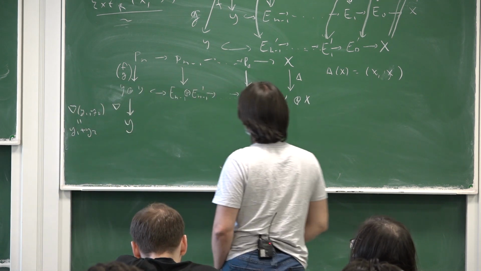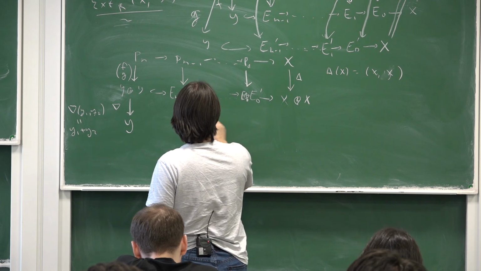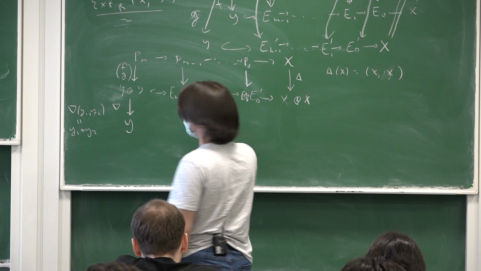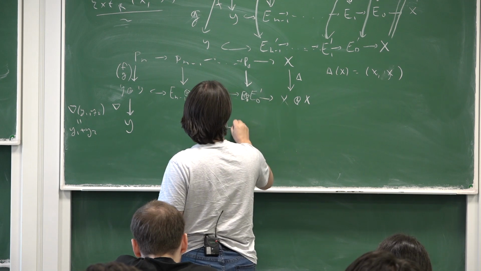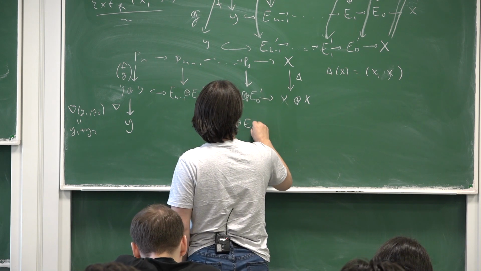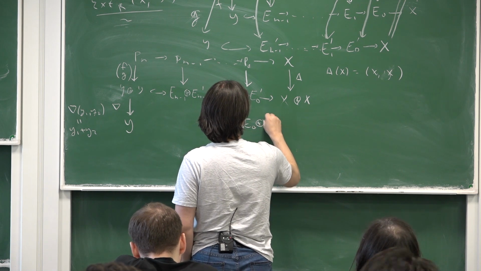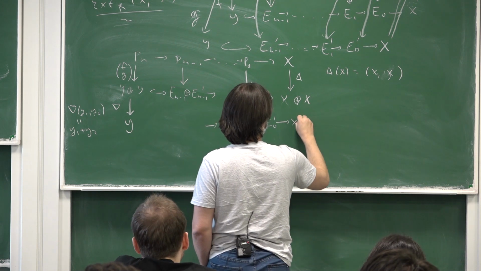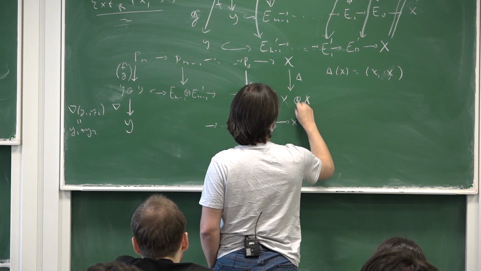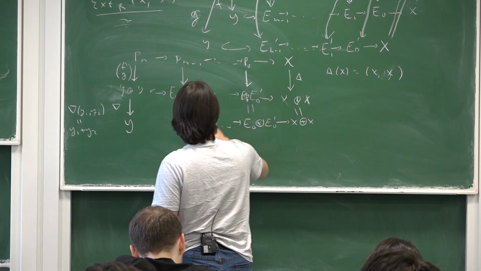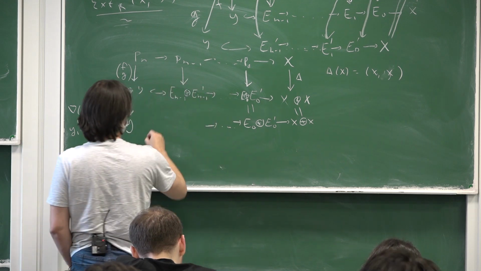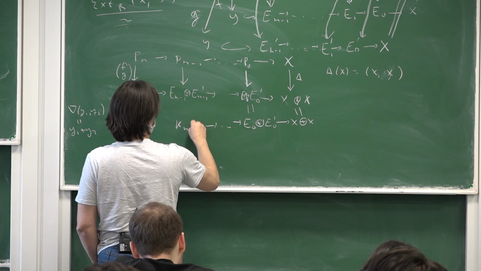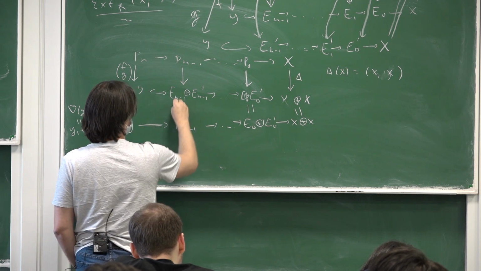And then we simply do not change the part starting from n minus 2. And here we simply make the pullback construction.